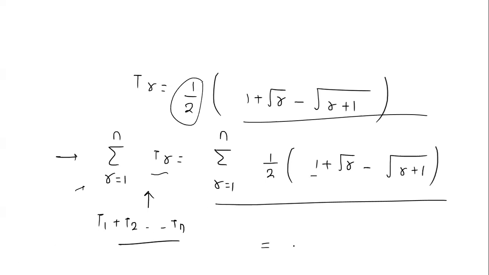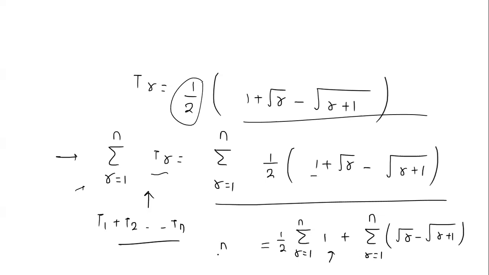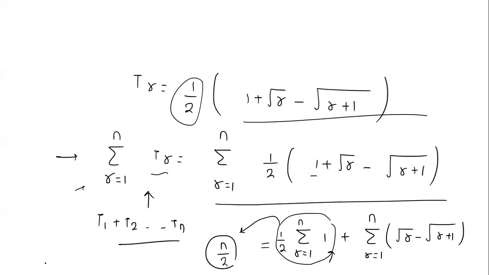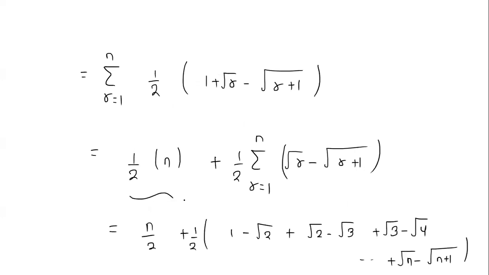So this will look like this. So this thing will give us n. So it will come like n by 2. This whole thing will come like n by 2.